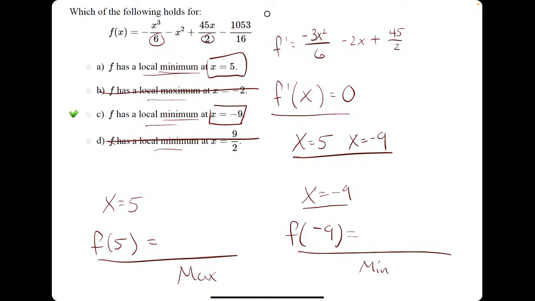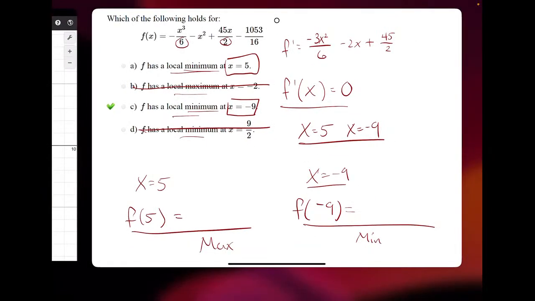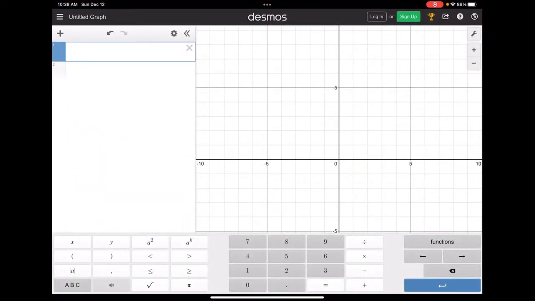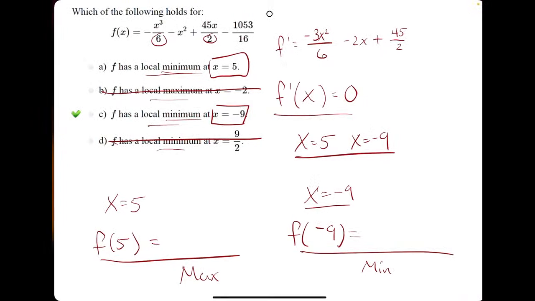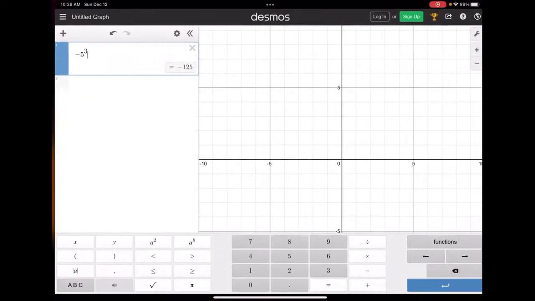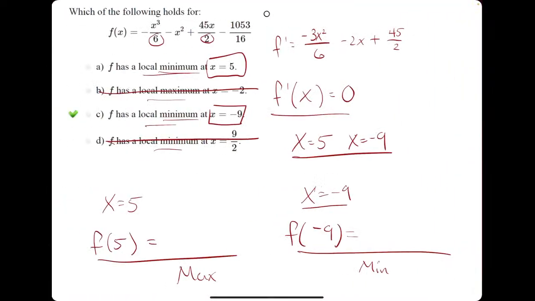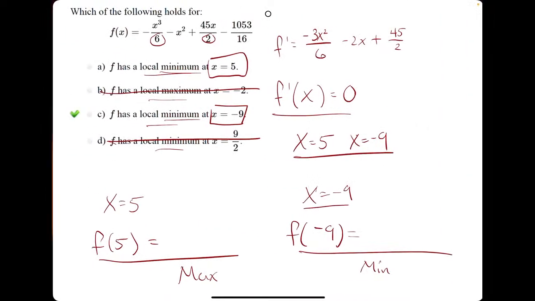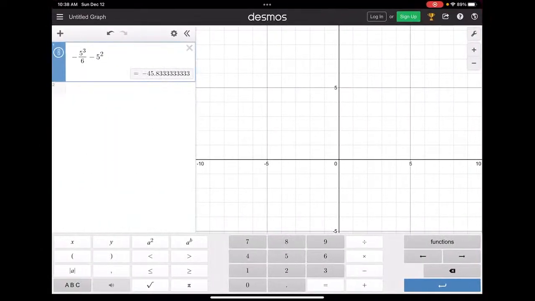So in this case, I'll probably plug these into Desmos real quick. Give it a shot. So we have 5. All right, let's give it a go. Let's not waste time. We have basically negative 5 cubed, which should be fine with the negative because it should stay negative, so we don't need to worry about parentheses here, over 6, and then minus 5 squared, and then plus 45 times 5 over 2.